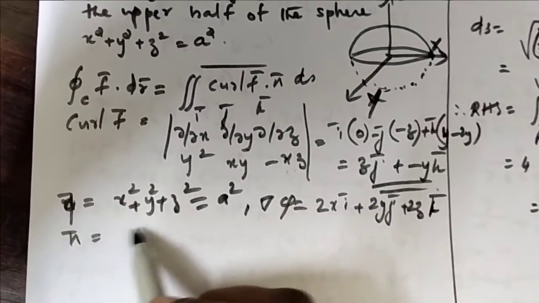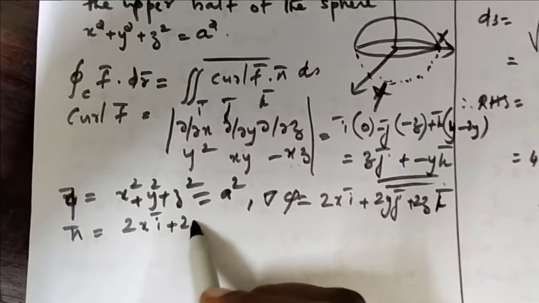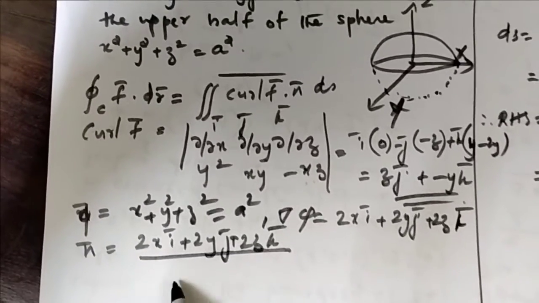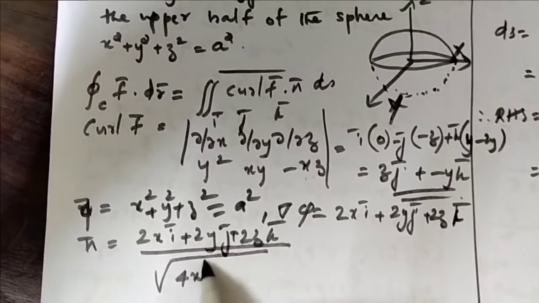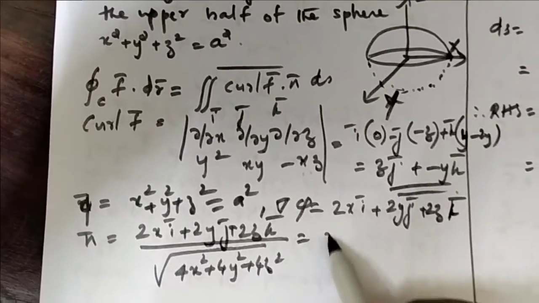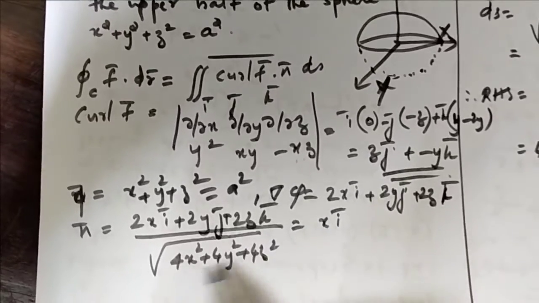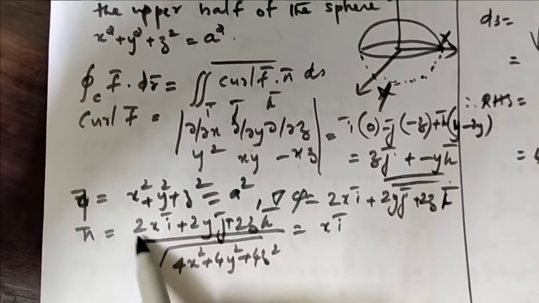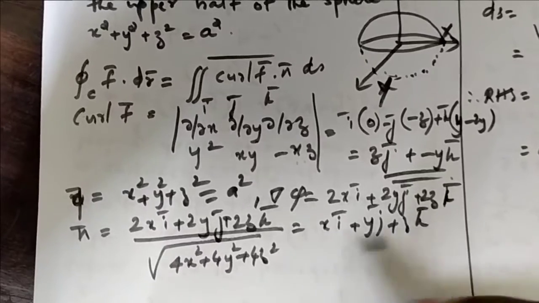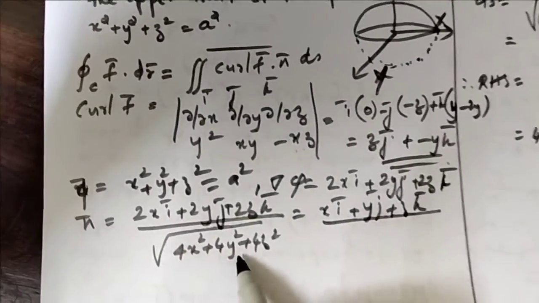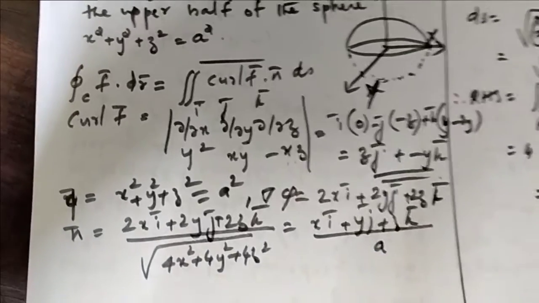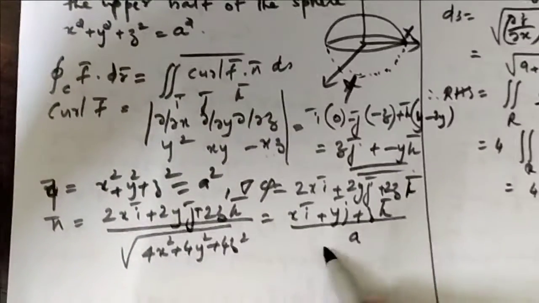So what is n? 2xi plus 2yj plus 2zk by root of 4x square plus 4y square plus 4z square. We can take the 4 outside from the denominator, so 2 cancels. So xi plus yj plus zk by root of x square plus y square plus z square. X square plus y square plus z square is a square, so root of a square is a. So this is n.